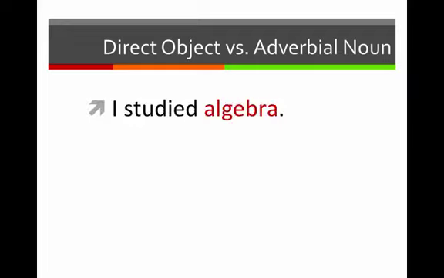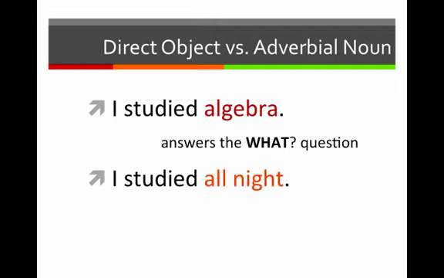Let's look at some examples of how we can distinguish a direct object from an adverbial noun. I studied algebra. Is algebra a direct object or a noun acting as an adverb? I studied what? I studied algebra. This answers the what question. Therefore, it's a direct object. This is a pattern 5 sentence. I studied all night. I studied what? All night.